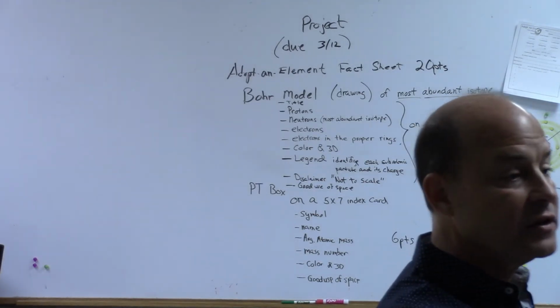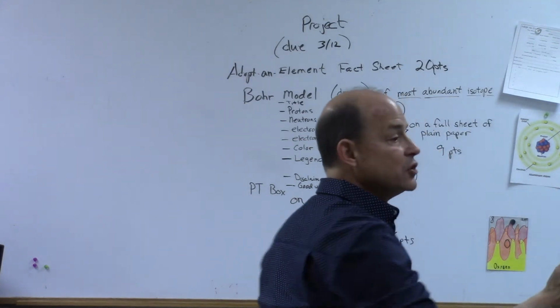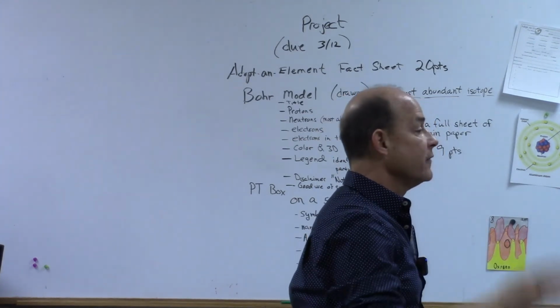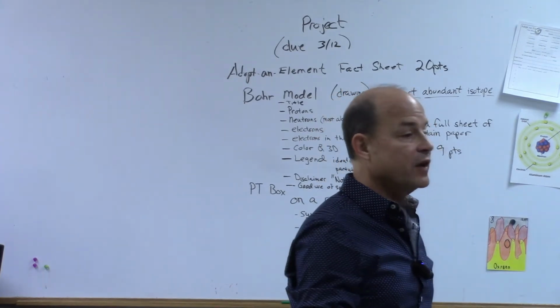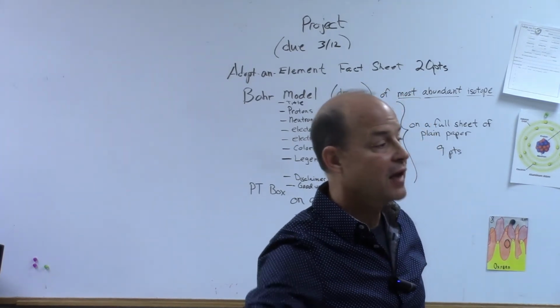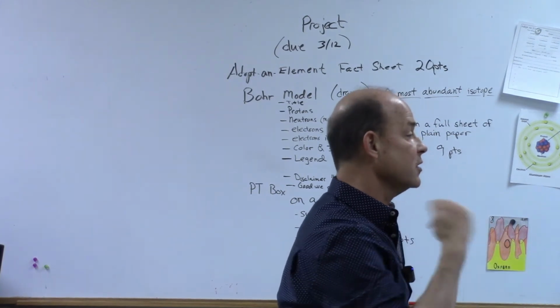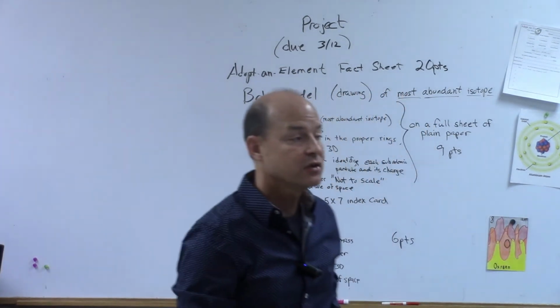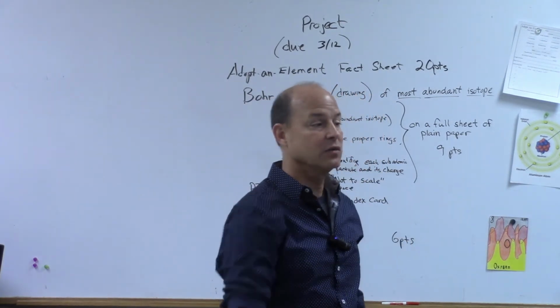Round that to the nearest integer, and you get what? 16, right? So the mass number of the most abundant isotope of oxygen is 16. If I subtract the number of protons, which is 8, I have 8 neutrons. 8 protons, 8 neutrons makes a mass number of 16.